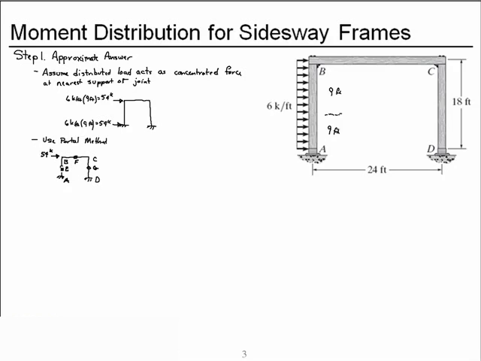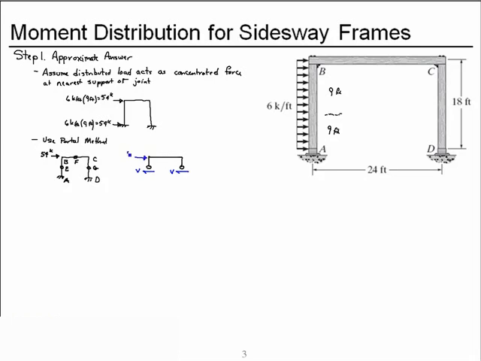So now if I cut it at the inflection points in the column, we have a shear V, another shear V, because the shears at the exterior columns are equal and the interior columns, which we don't have any, would have been equal but twice as large as the exterior.